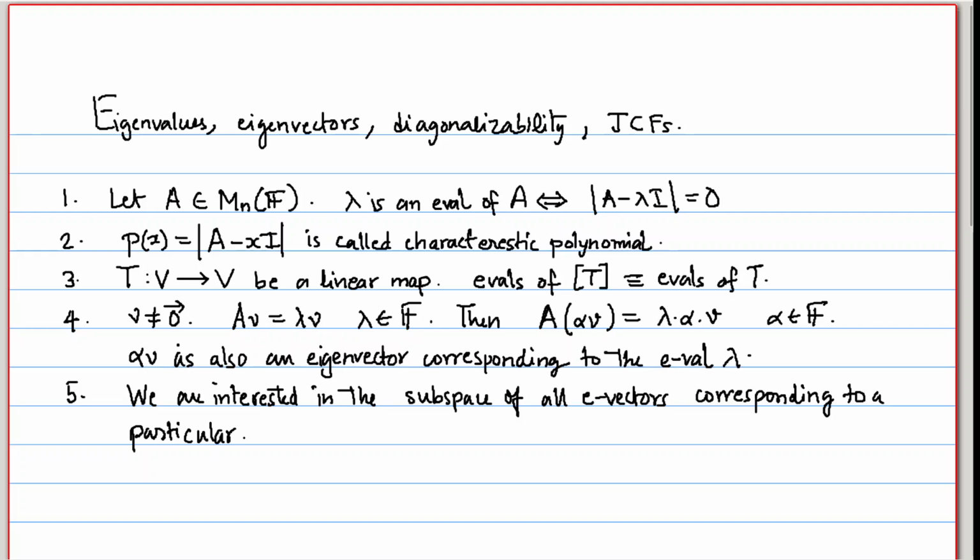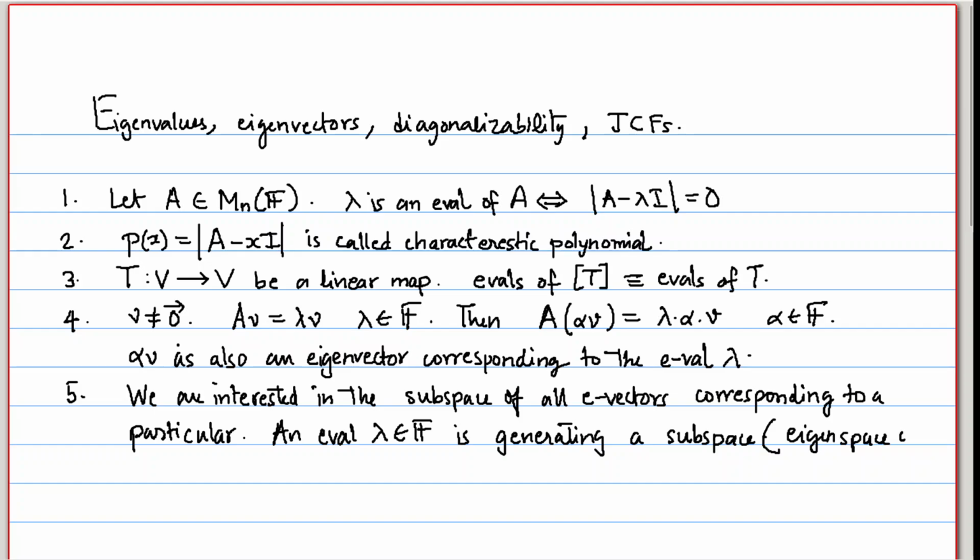We are getting a subspace of vectors, right? So an eigenvalue lambda in F is generating a subspace. That subspace is called the eigenspace of lambda, right?